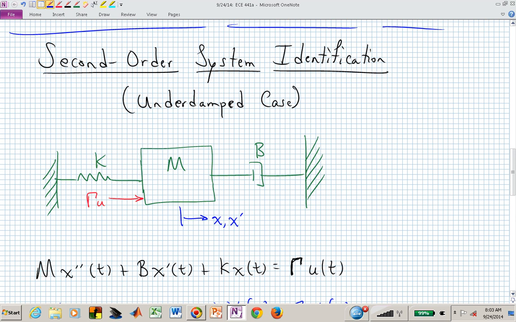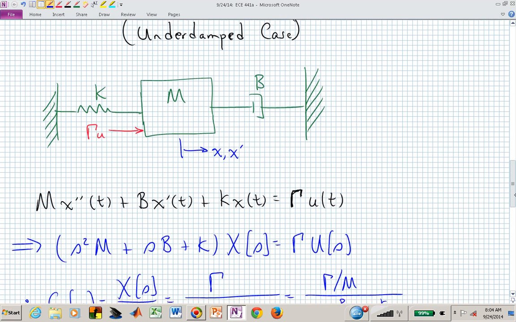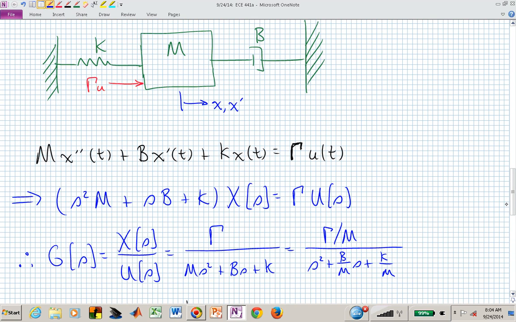You should be, by Friday, if you aren't already, very comfortable with deriving that equation that governs the dynamic behavior of that system. That's m x double prime plus b x prime plus k x is equal to gamma u. You can now Laplace transform that equation.